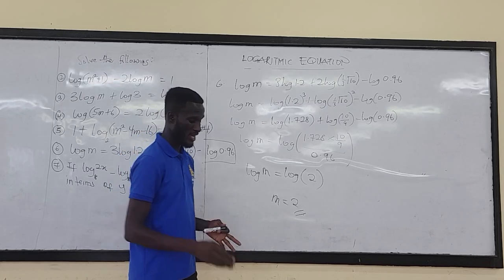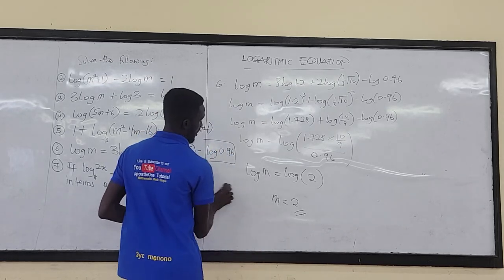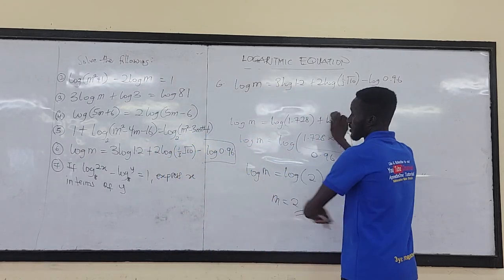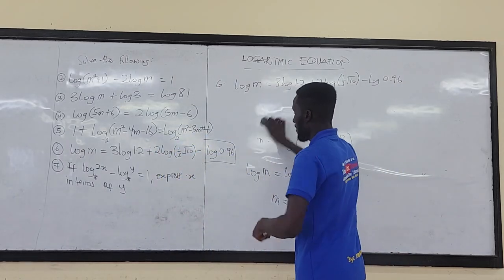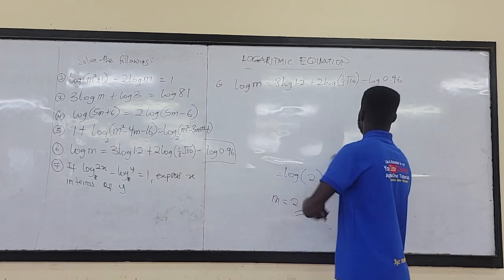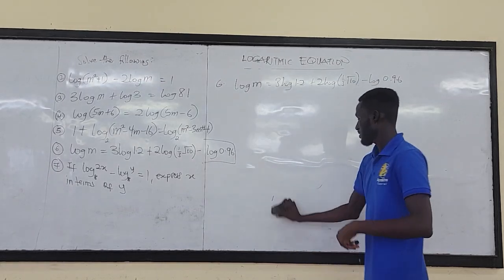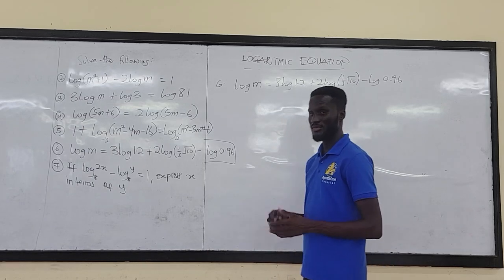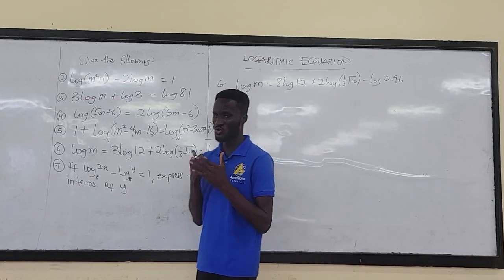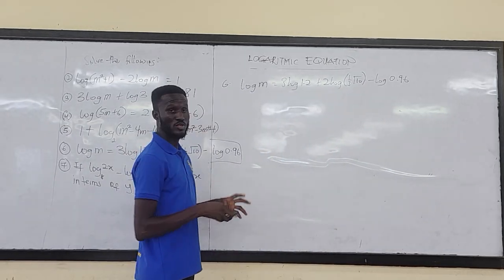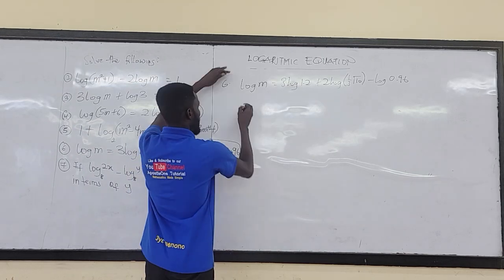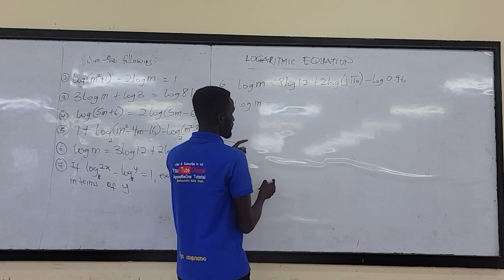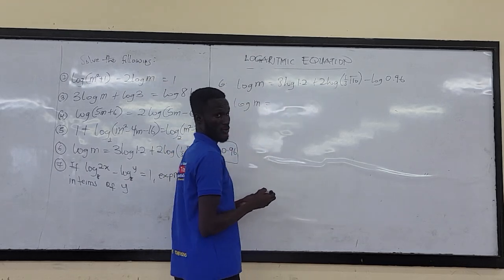Oh, I should teach another way you can solve this. So let me clean this one. Now we can solve this one a different way. We have log m is equal to, this one will become an exponent.